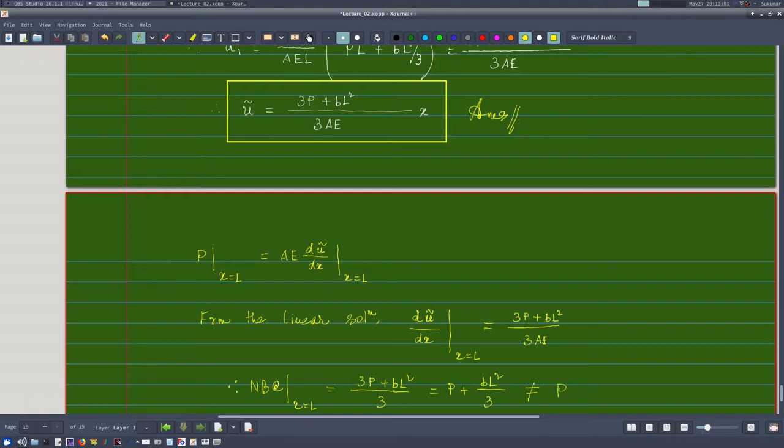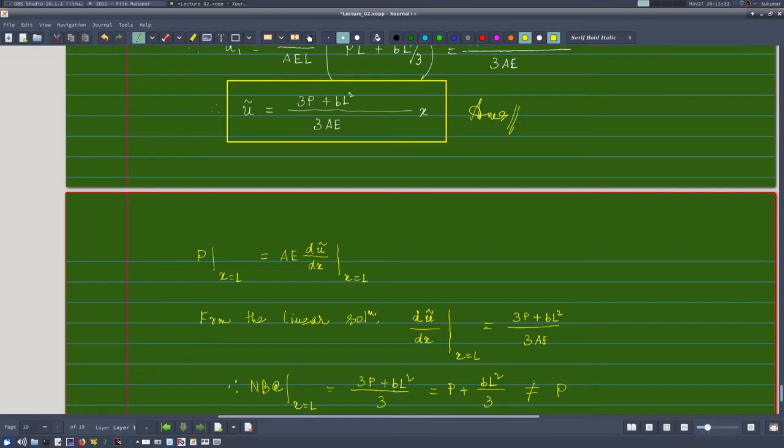So we have seen that this linear weak solution does not fulfill the force boundary condition or natural boundary condition at x equal to L. So this is the disadvantage of this solution, right?